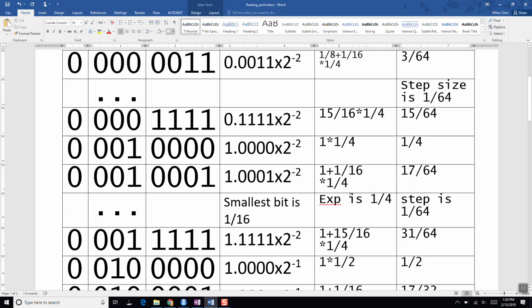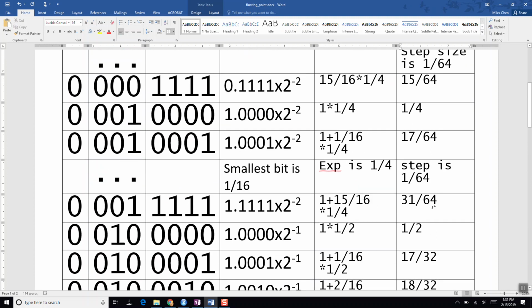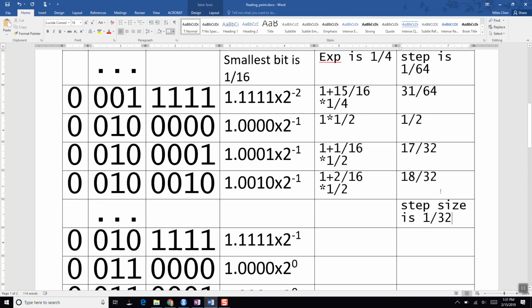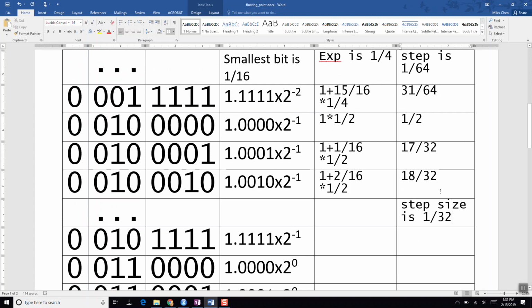From 0 to about 1/2, my step sizes were 1/64. But now that I'm dealing with numbers bigger than 1/2, my step sizes are 1/32. They've gotten bigger.